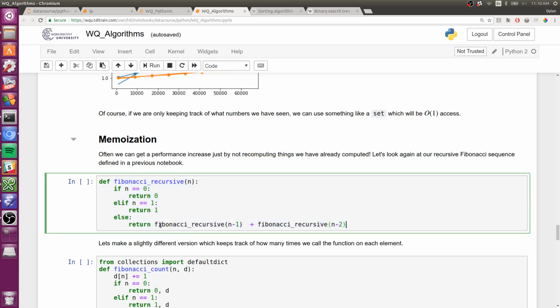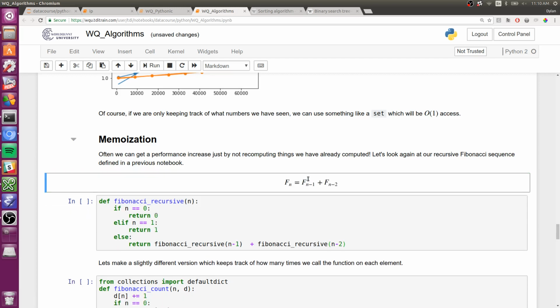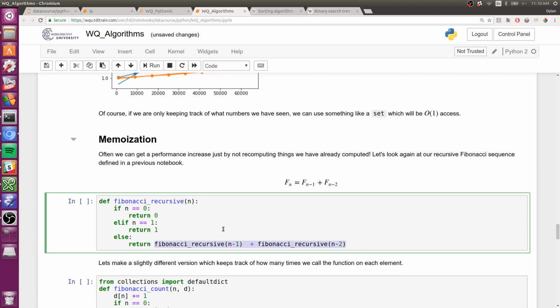We know, of course, the Fibonacci sequence is f sub n equals f sub n minus 1 plus f sub n minus 2. And we can implement that in code quite easily by saying the nth Fibonacci number is the n minus 1 Fibonacci number plus the n minus 2 Fibonacci number.